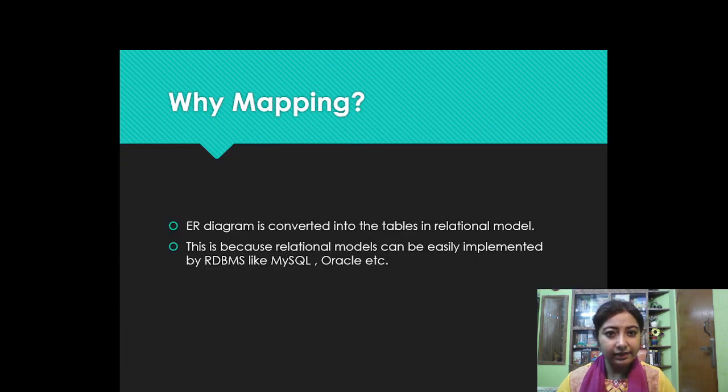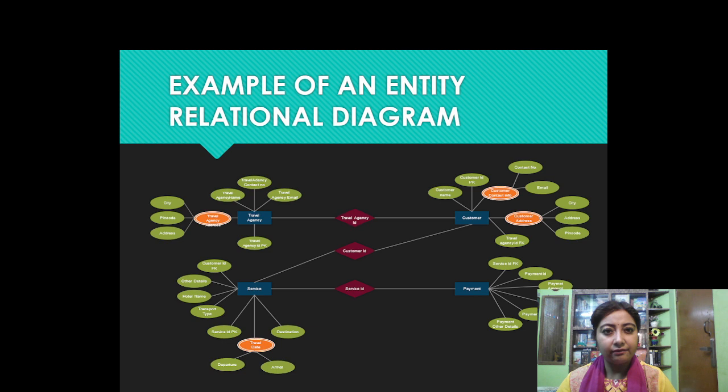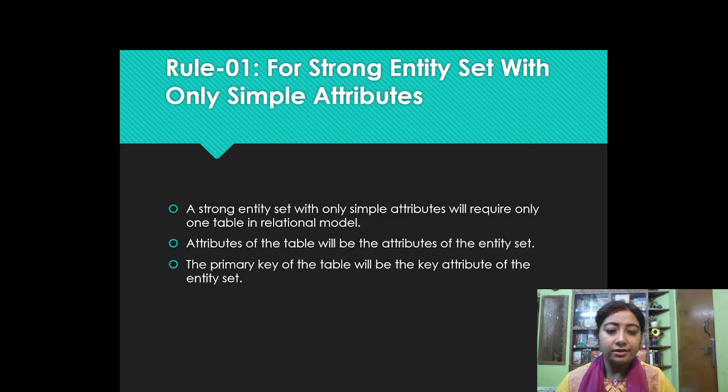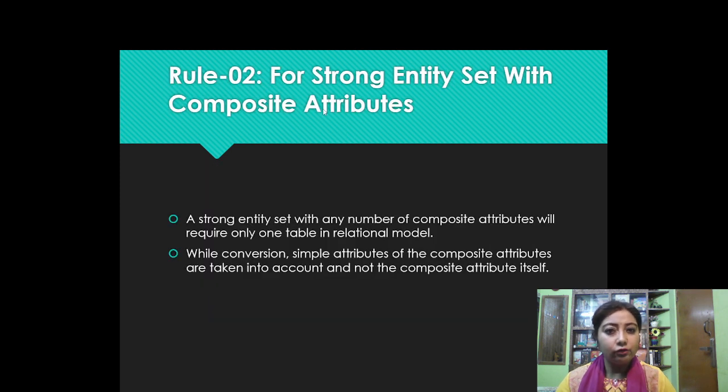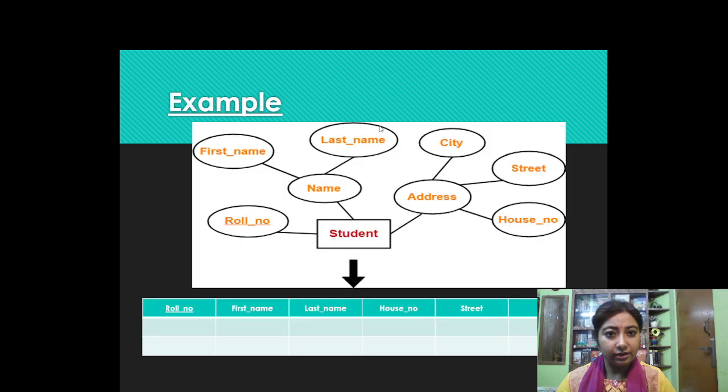What are the things we have discussed? Firstly, why mapping is needed in a relational database management system. Then I gave a simple example of one diagram so that we can understand the concept. Next, rule 1 is for strong entity set with simple attribute. One example is given here. Then rule 2 for strong entity with composite attribute.